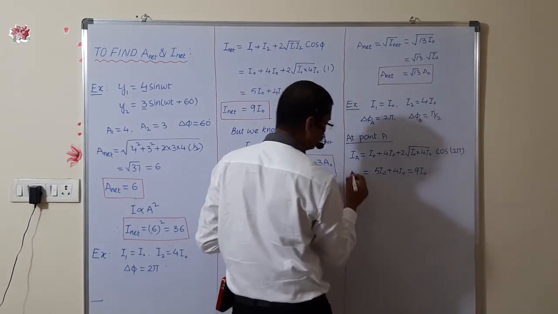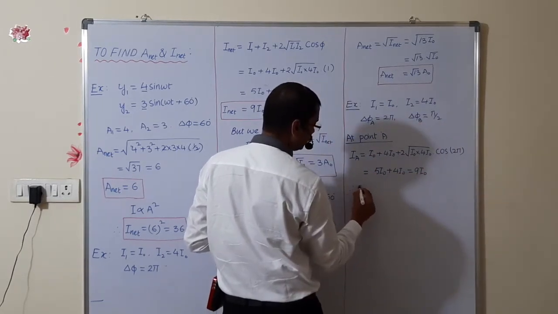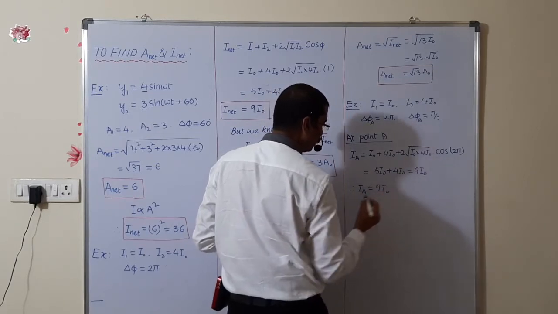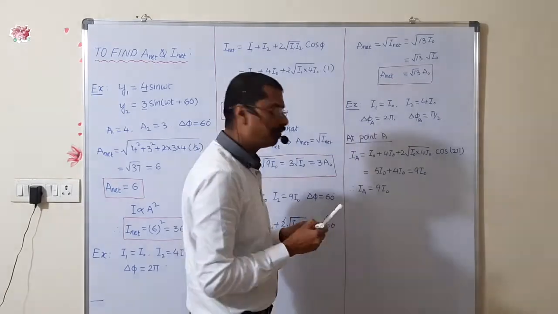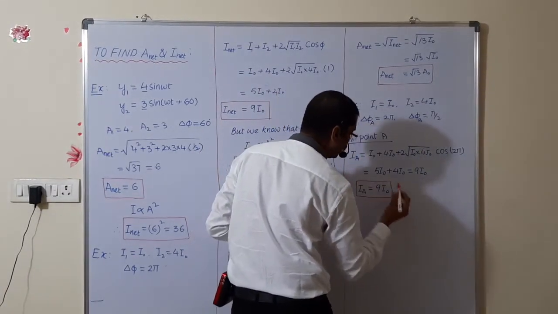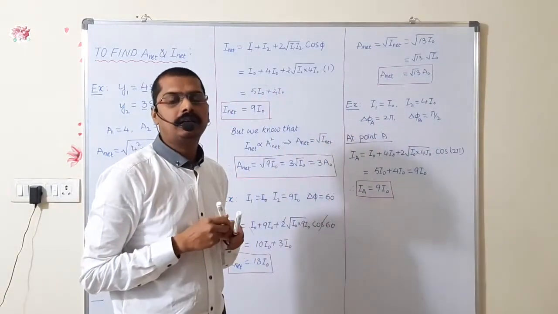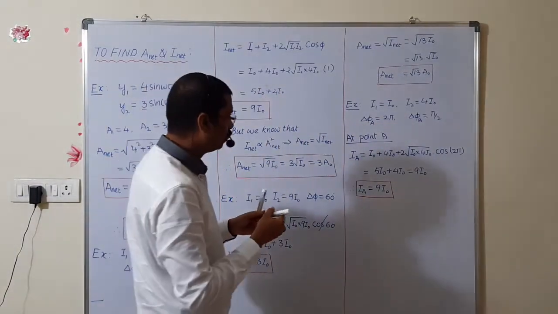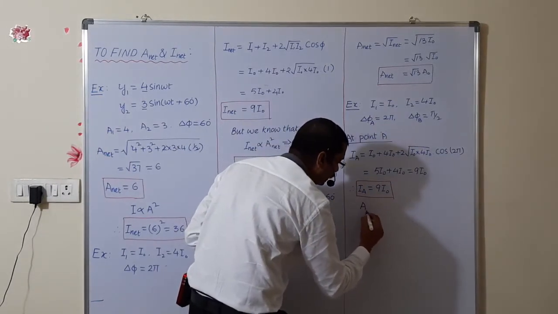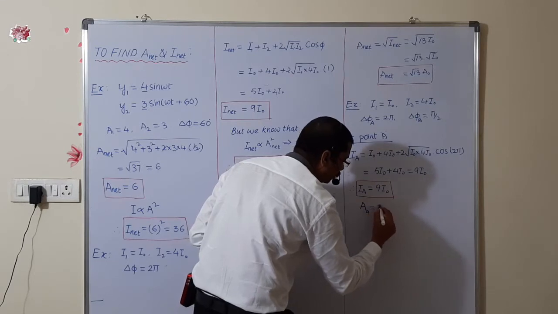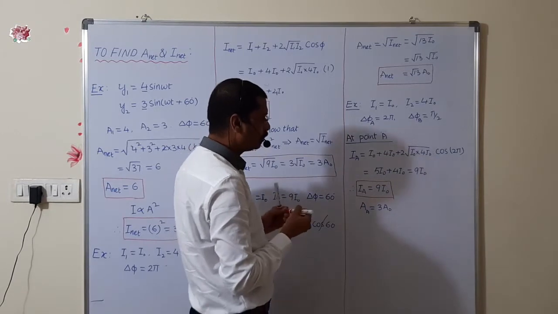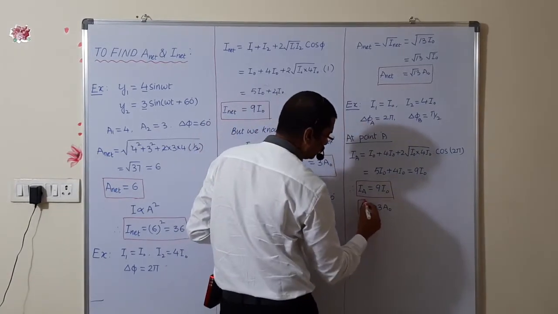Therefore at point A this value is 9 I naught. According to this, again we can find the amplitude at point A. Directly I am writing, net amplitude A net at point A is equal to 3 into A naught.